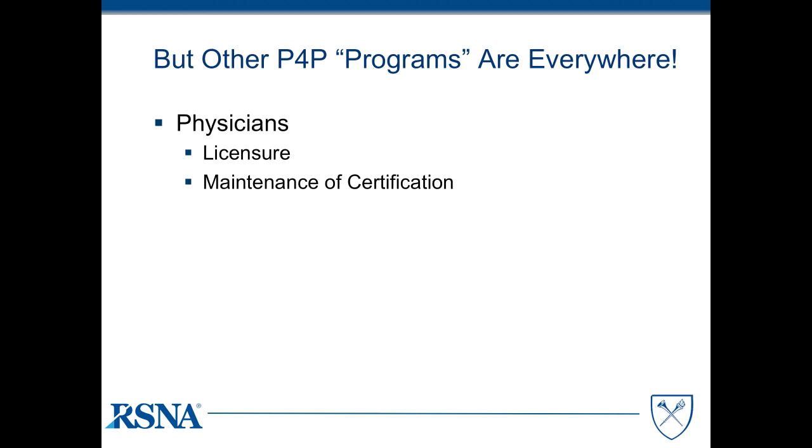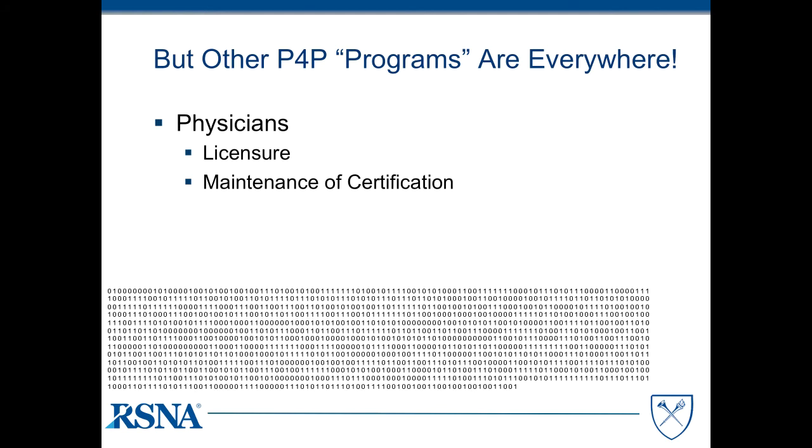Although we're focusing on Medicare here, because Medicare's programs have gotten the most attention, remember that I told you early in this module that pay-for-performance programs aren't always graded like PQRI or PQRS or MIPS. They can be binary. While nobody really calls these pay-for-performance programs, they are, and pay-for-performance initiatives are all over the place. Take, for example, state licensure.